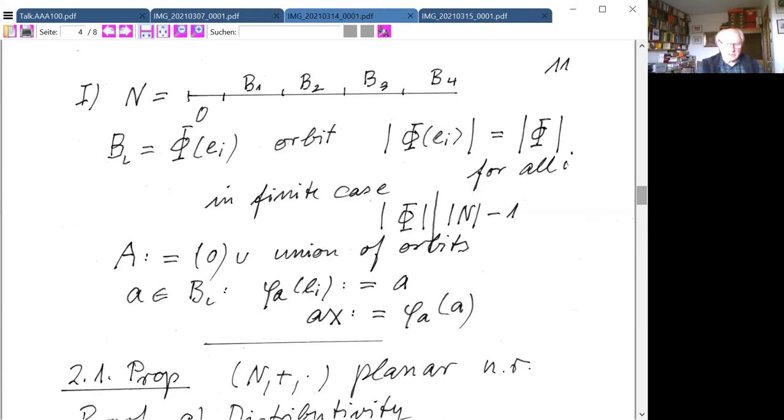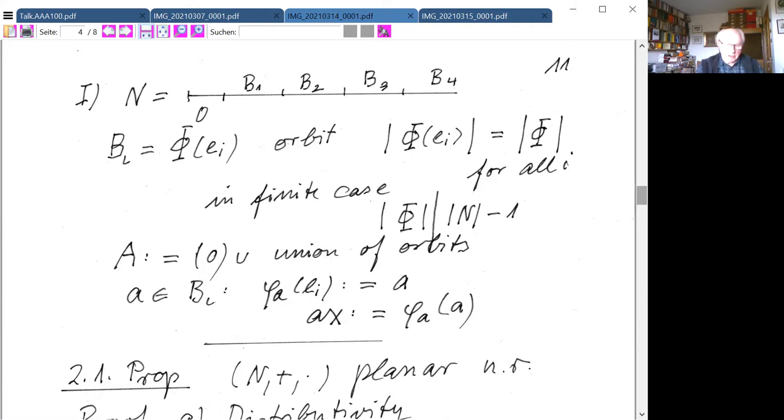We start with these blocks, and we take representatives of these orbits, call them e_i. They are all of equal length because phi is fixed point free. So from a representative of this orbit, a certain other element b can be reached only in one way.